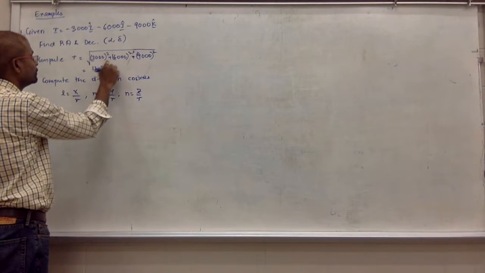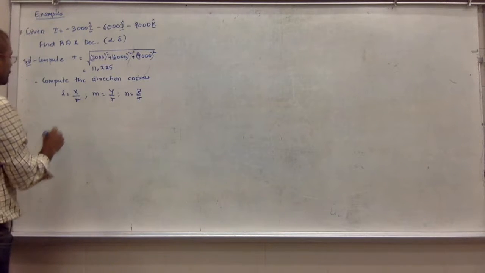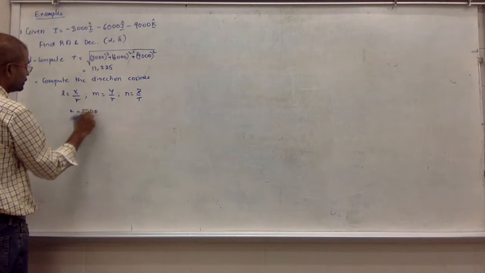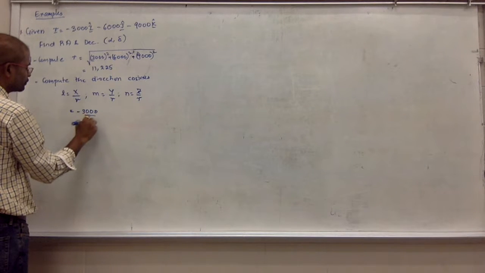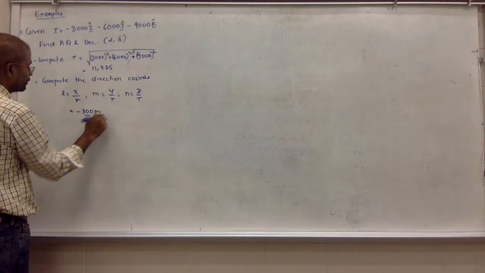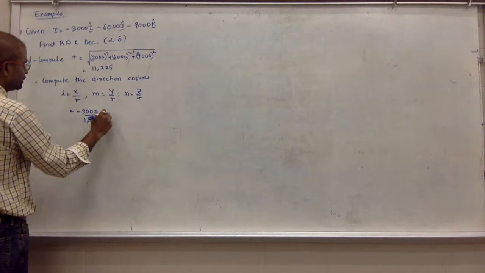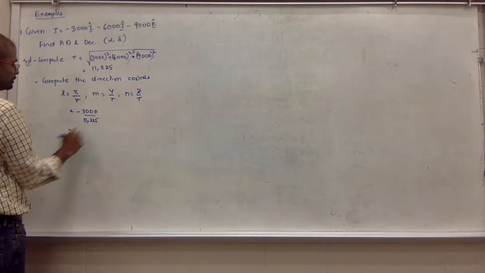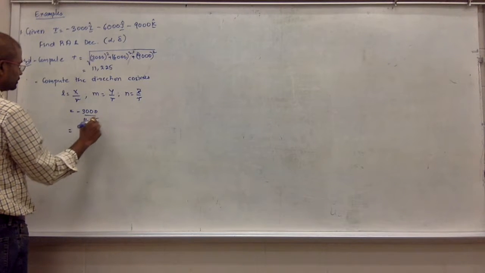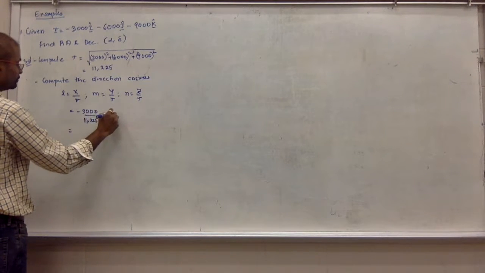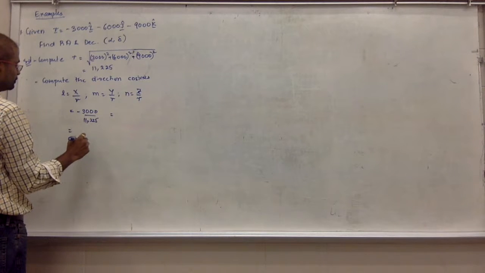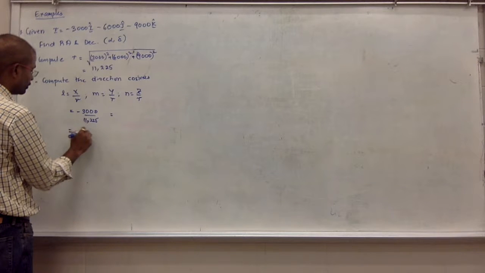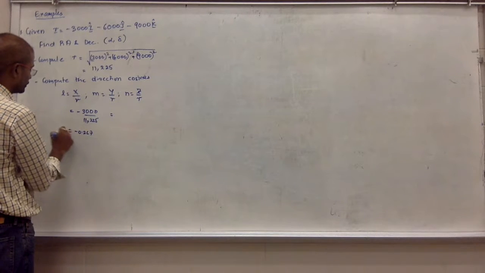So your L would be simply minus 3,000 divided by 11,225. And what is this? Minus 0.267. And what is M?